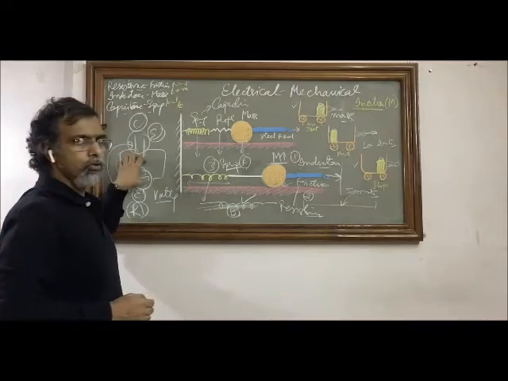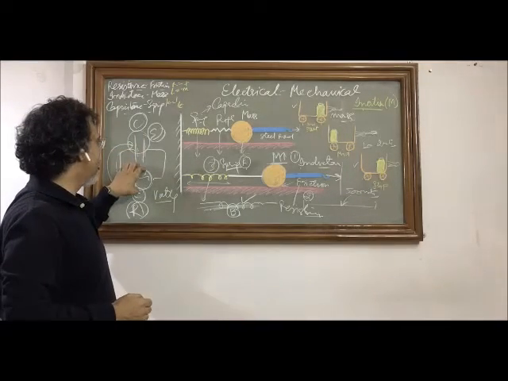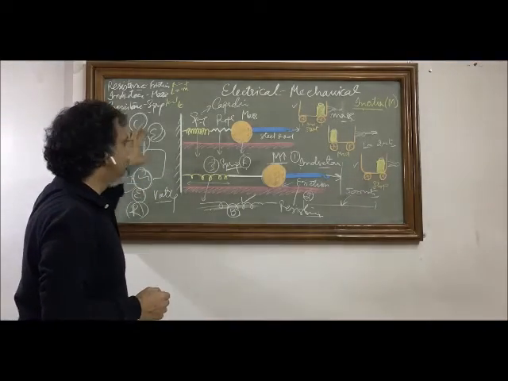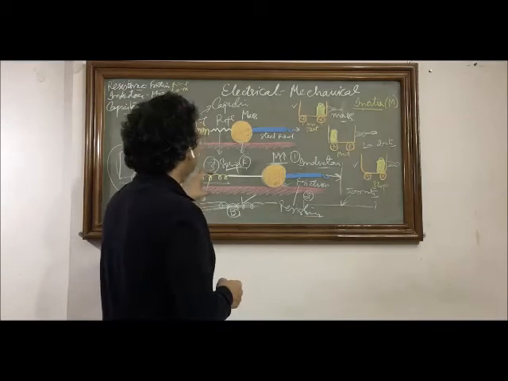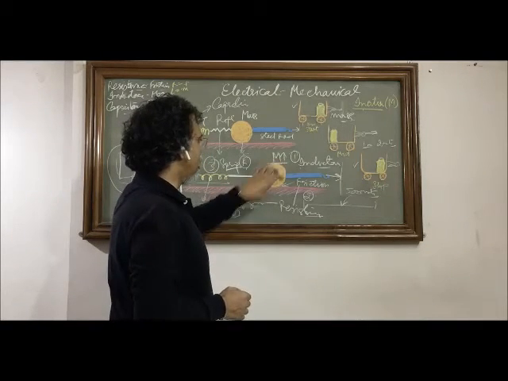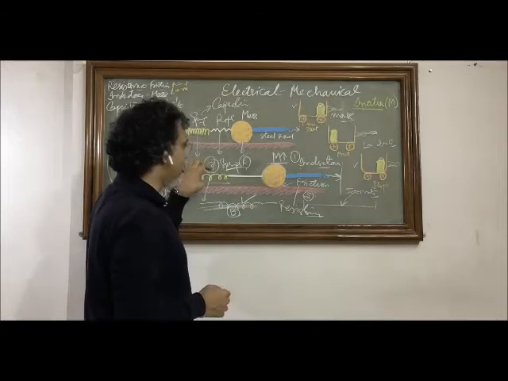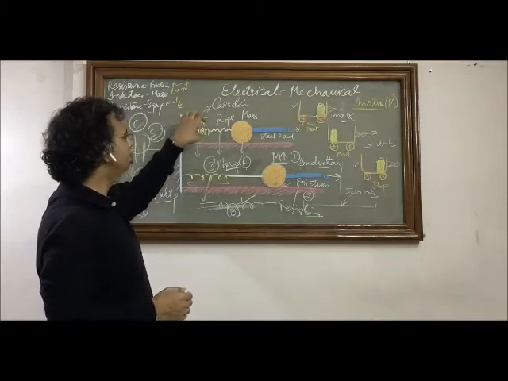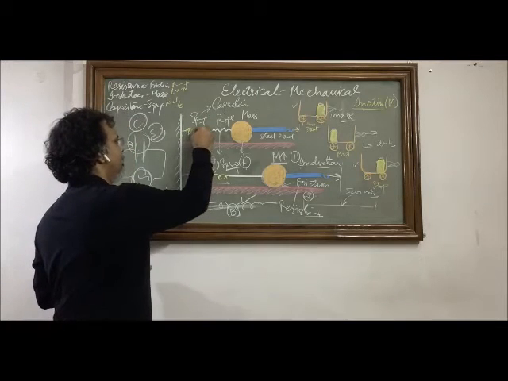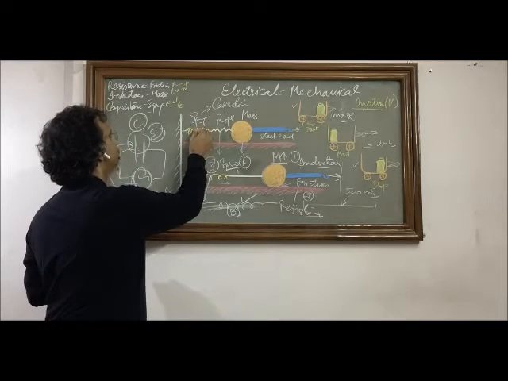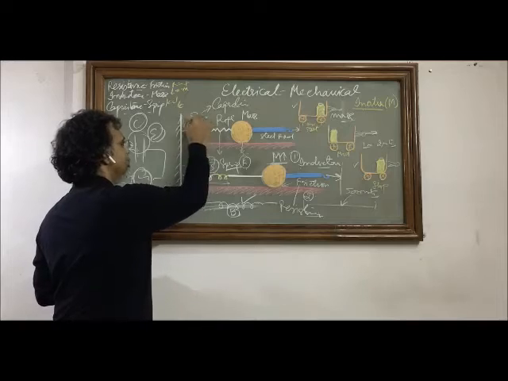In this type, energy is stored in the same type, like electrical energy stored in the form of electrical energy. But here it is mechanical, in the form of inertia and mechanical energy, which means the spring is almost analogous to your capacitor.